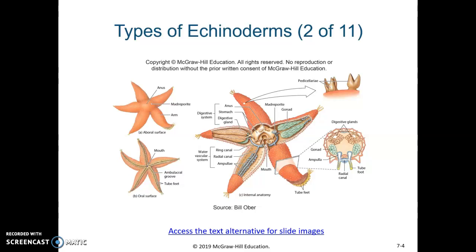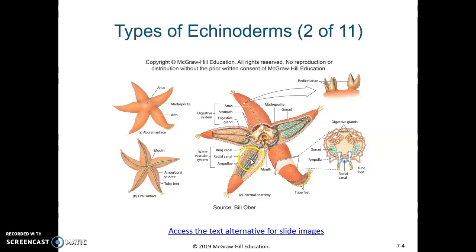So there's this tiny little canal on that madreporite, this canal right here, that then leads down to this ring canal. And the ring canal, which goes all the way around the arms, also then extends out to what's called a radial canal.